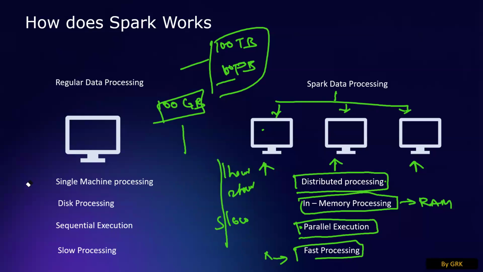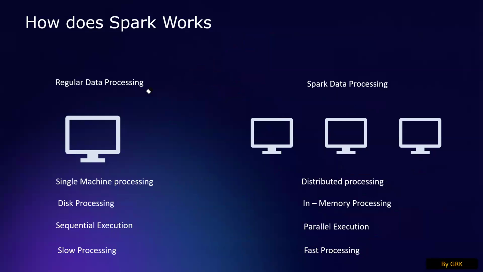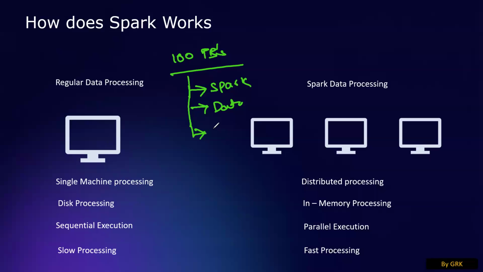With all of these use cases, big data processing has become very easy. Now, even if you want to process 100 petabytes of data, it has become easy: Spark to process, Databricks to manage, and Azure to store the physical storage.